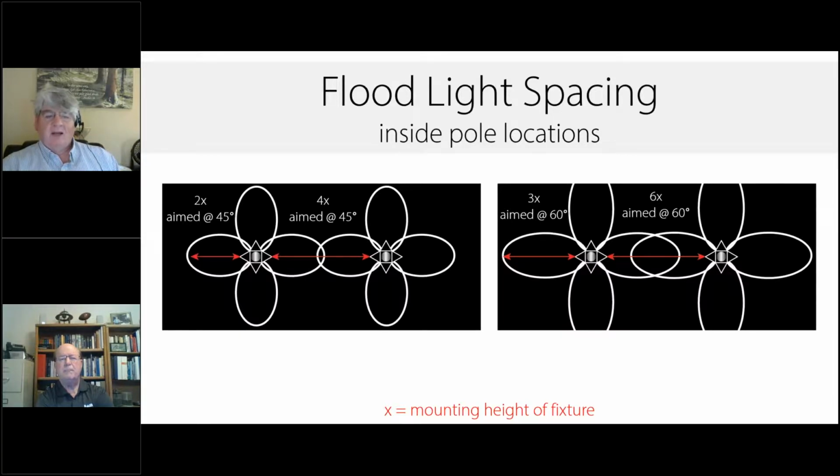So we're saying 4 times the mounting height when you have them tilted at 45 degrees, 6 times the mounting height when you have them aimed at 60. And again, you're getting that trade-off of glare for increased distribution and spacing.